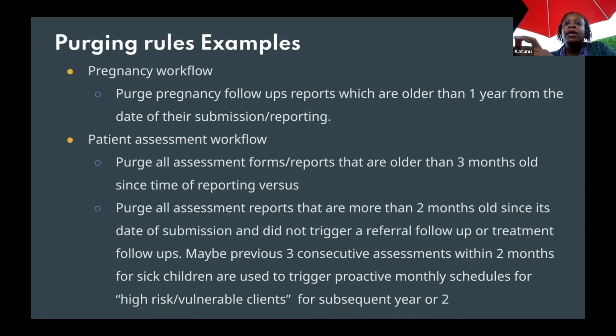Here is a year. When I'm giving this instruction, I am aware that this program will not need to use any information in the program's follow-ups within that year to trigger any other schedule. For example, it will not use information from the pregnancy follow-ups in these reports to trigger a family planning task.